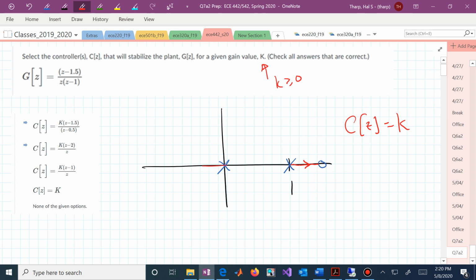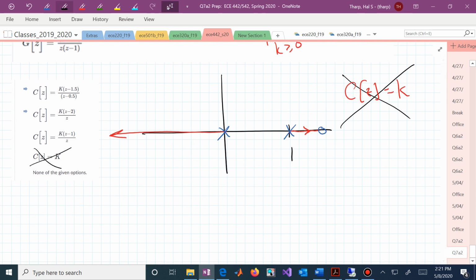And then the other branch of our root locus goes to the left. We have two branches. This particular controller structure does not work. There's no way that you can have a stable closed loop system for a constant gain controller. So that one is out.